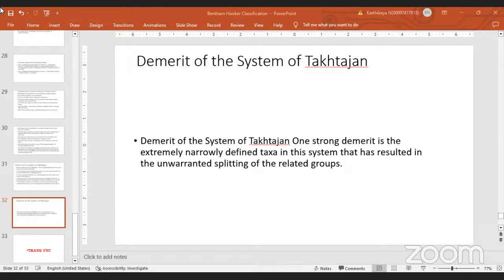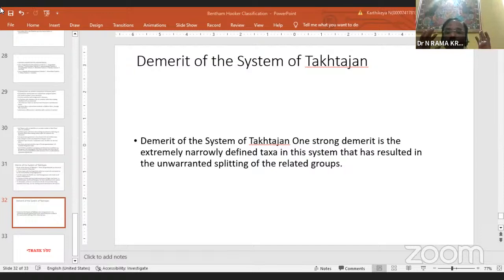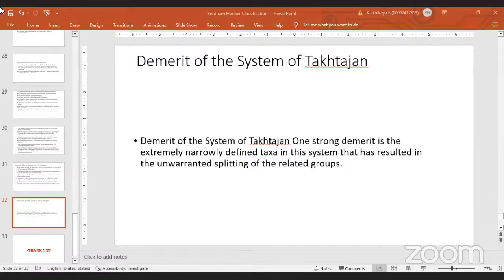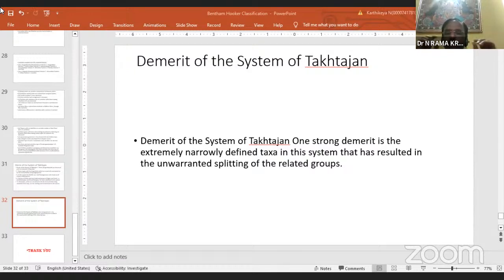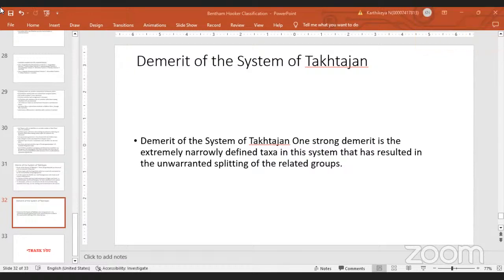What is the meaning of the APG group? Recent taxonomical scientists formed one special group for the APG classification, the Angiosperm Phylogeny Group classification.